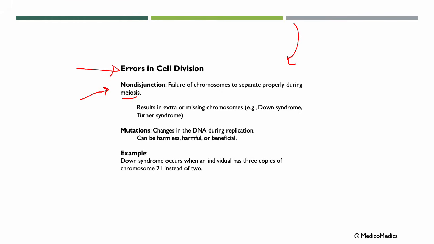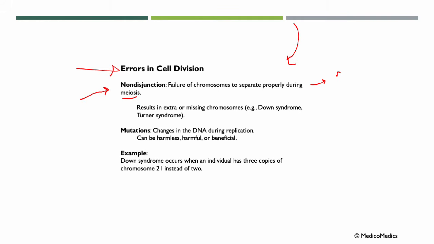And this results in gametes, so sperm or eggs, with an abnormal number of chromosomes. Now, if you have a meiosis 1 failure, it means that homologous chromosomes do not separate. If we have a meiosis 2 failure, it's that sister chromatids do not separate.